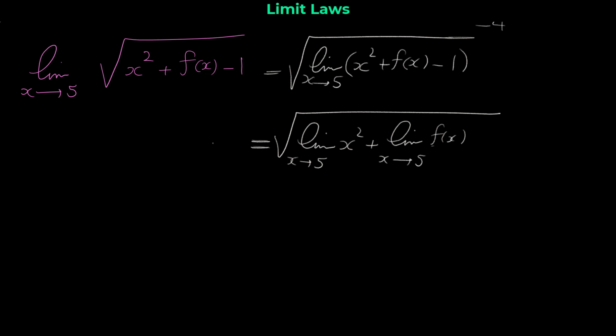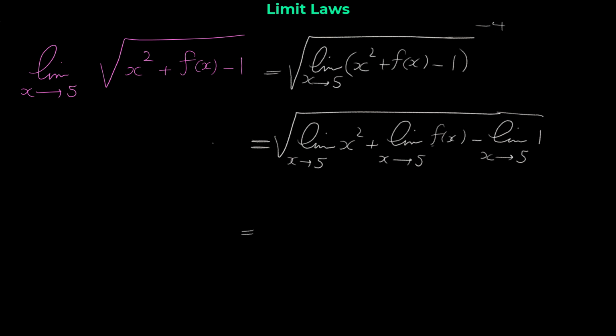Finally, minus the limit of 1 as a function. We can consider it as a function, or you can leave it as 1 and you don't need to write this limit, you can simply write 1. But you can also say 1 is a constant function, so we are going to write it as the limit of 1 when x approaches 5.